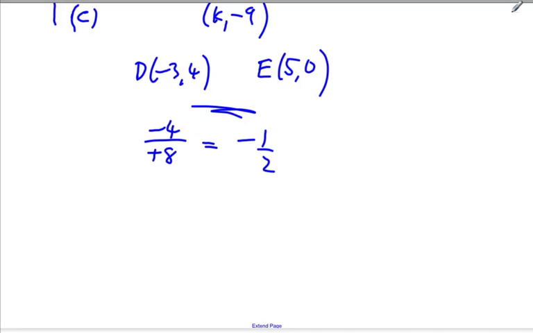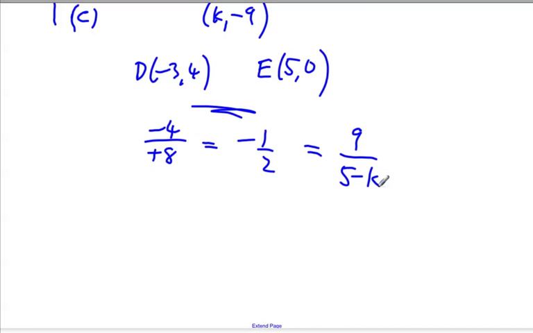It equals y2 minus y1, that divided by, 0 take away negative 9 is positive 9. 5 take away k is the bottom line. Okay.